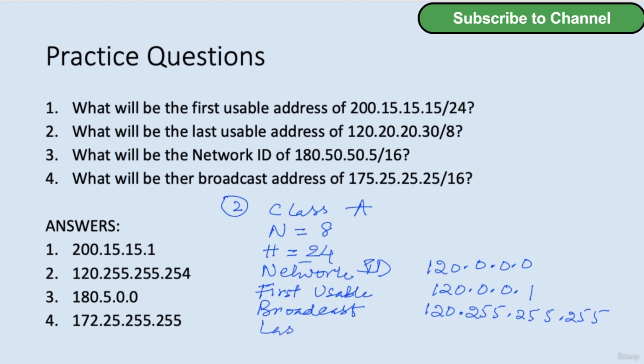And now the last usable is always the previous of the broadcast, so the last usable will be 120.255.255.254. Okay, so this is the solution of our second question.